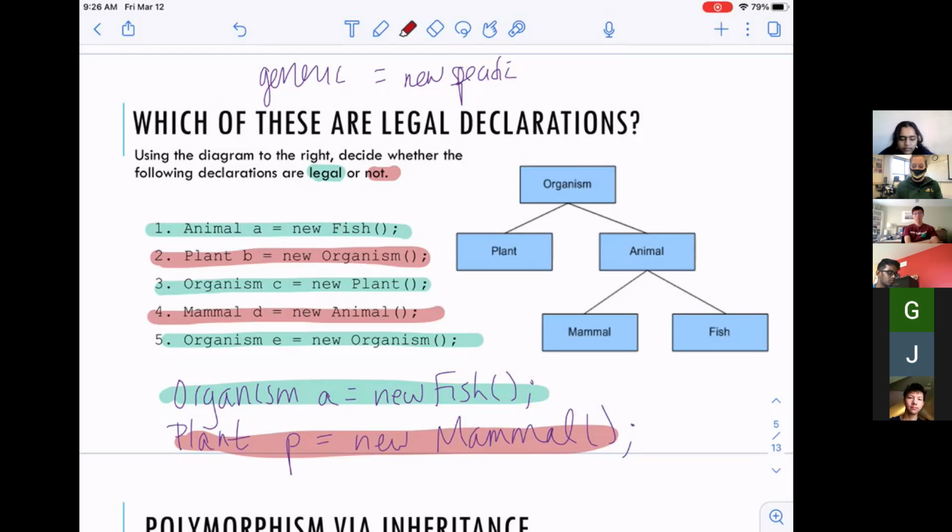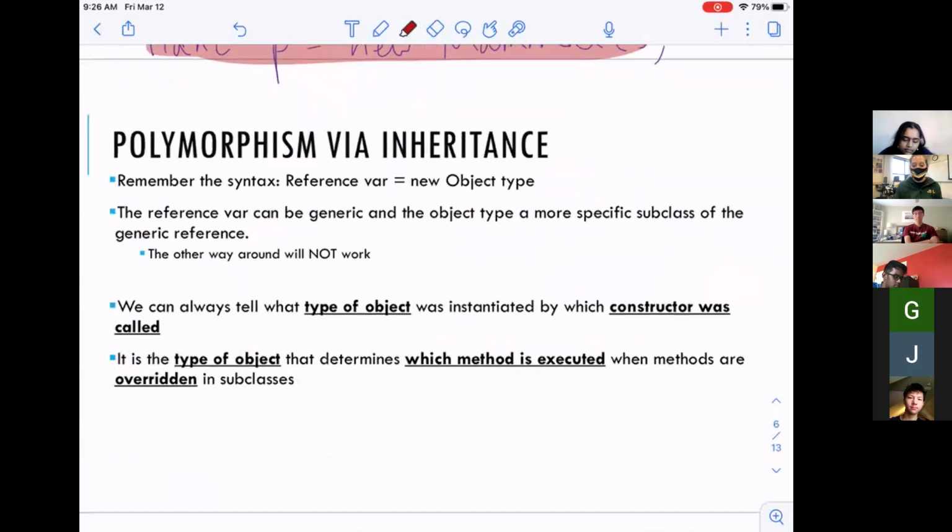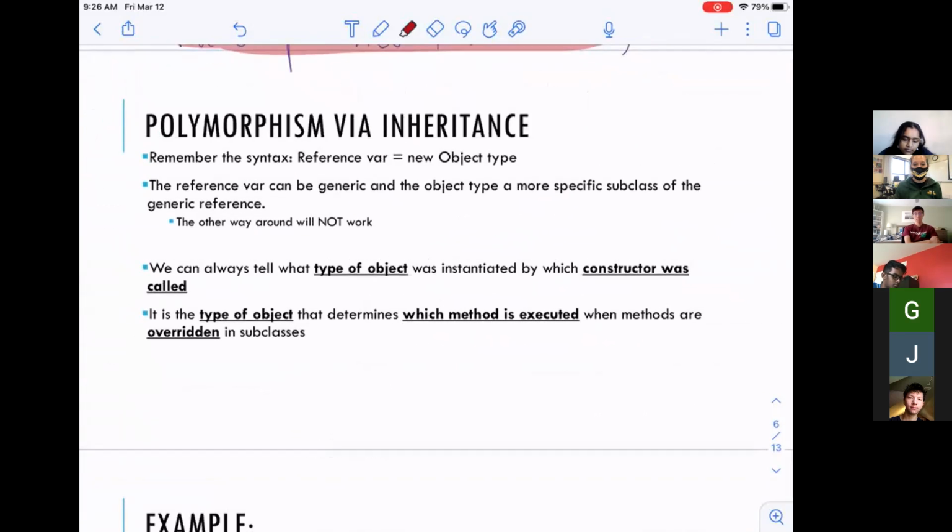All righty. So if we continue on, I want to make sure we really understand this syntax, okay? So when we look at our syntax, we have the reference variable before the equals, and then it's equals a new object type. So it's important that we realize the reference variable can be generic, and the object type can be a more specific subclass of that generic. The other way around will not work.